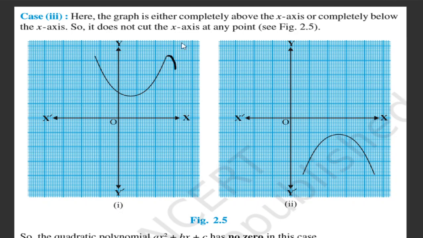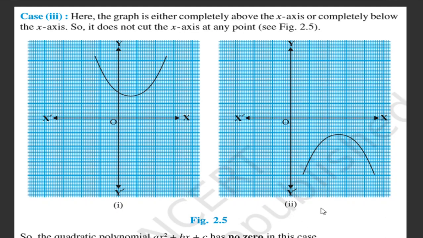It is not possible. That is the property of the parabola. Actually, you will discuss these properties of the parabola in further classes, that means in +1, +2. That is a different thing. But in this case, yes, this parabola does not intersect the x-axis at any point. That means this quadratic polynomial has no zeros.